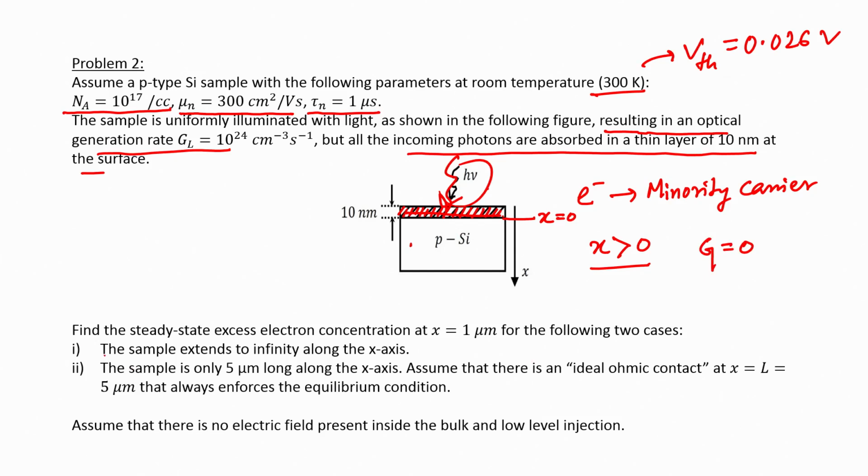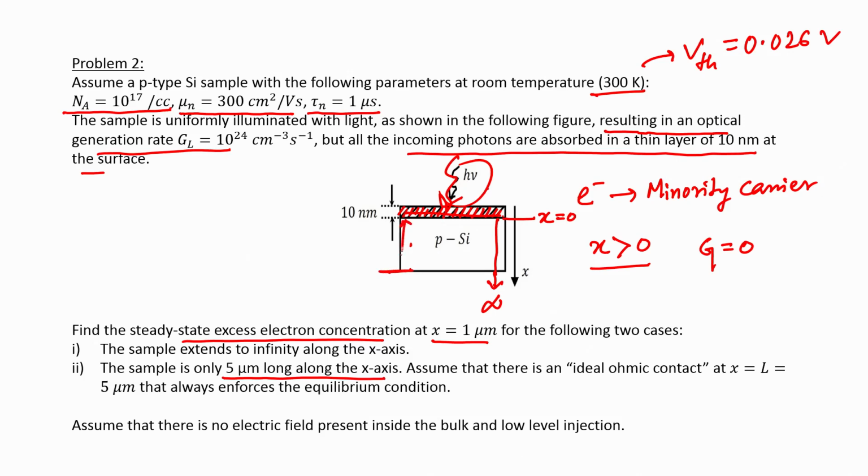Now the problem is to find the steady state excess electron concentration at a distance of 1 micrometer in the two following cases. One is if the sample extends to infinity along the x axis, so this dimension A goes to infinity in the first case. The second case states that the sample is only 5 micrometer long along the x axis, so the sample has a finite dimension.